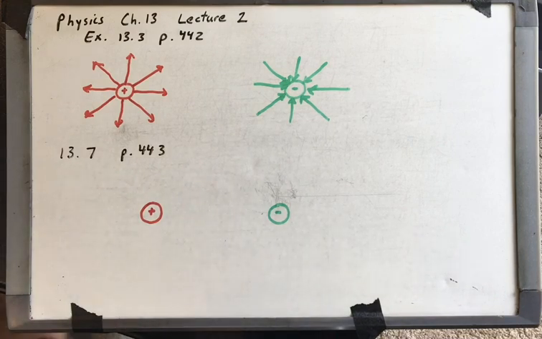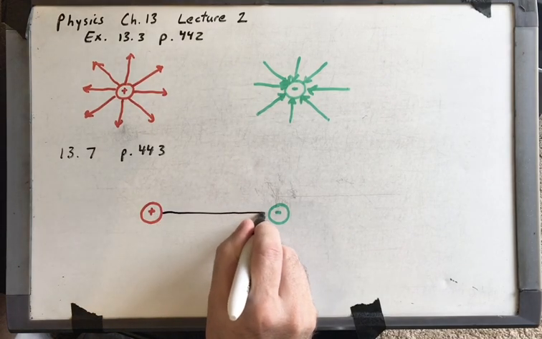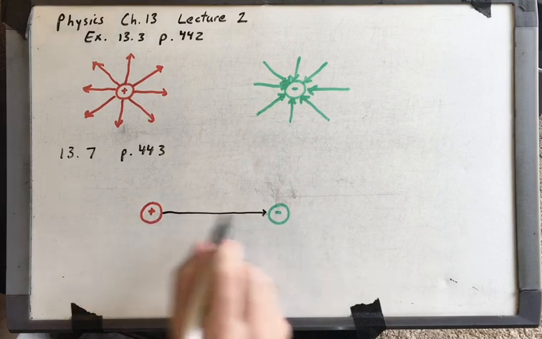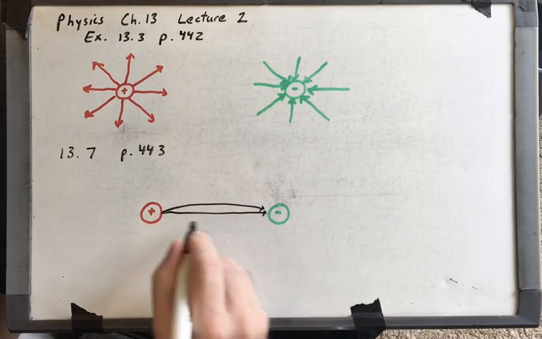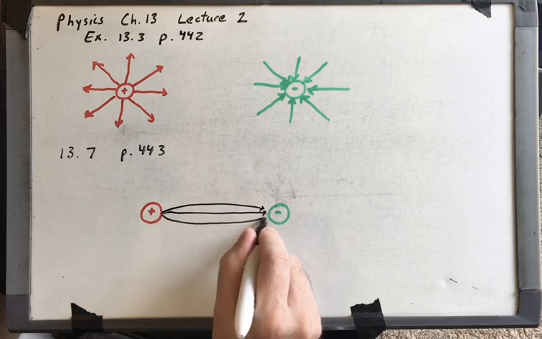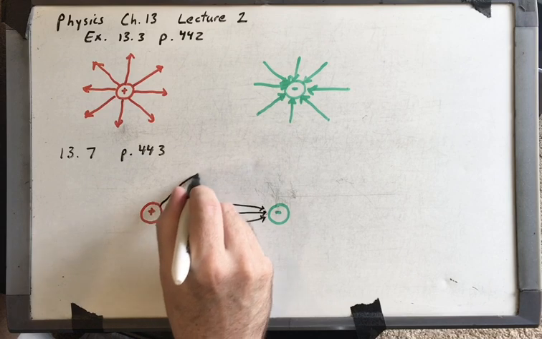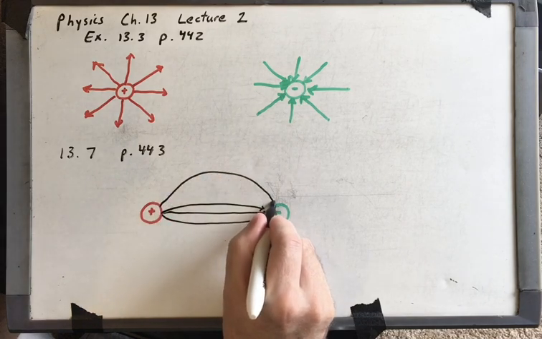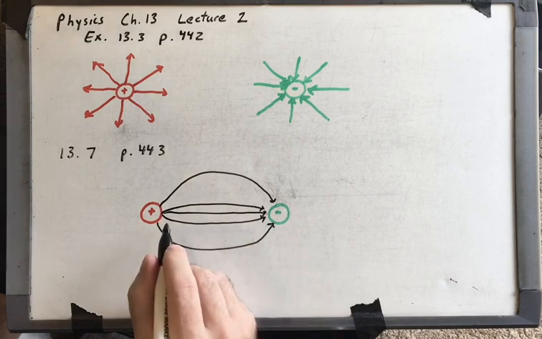All right, so we're going to draw the field lines. So we would have something like this, going out of the positive into the negative. And where their closest proximity is, the lines are shown closer together. But as you get further away, the force weakens.